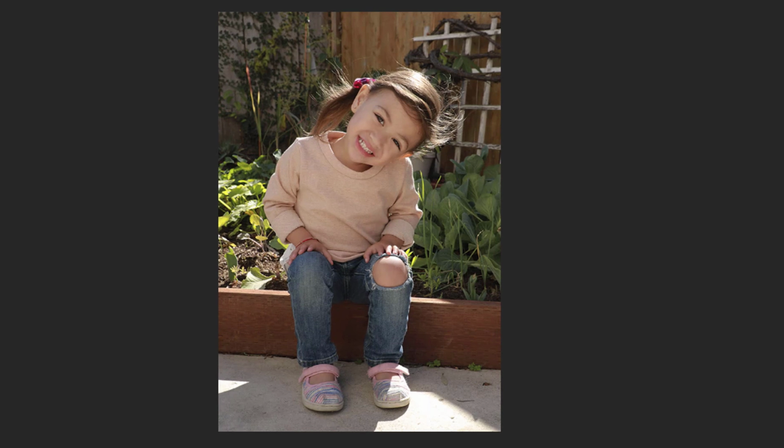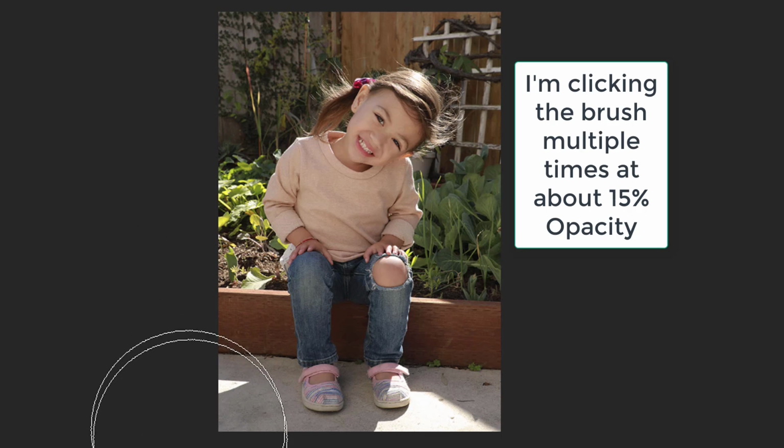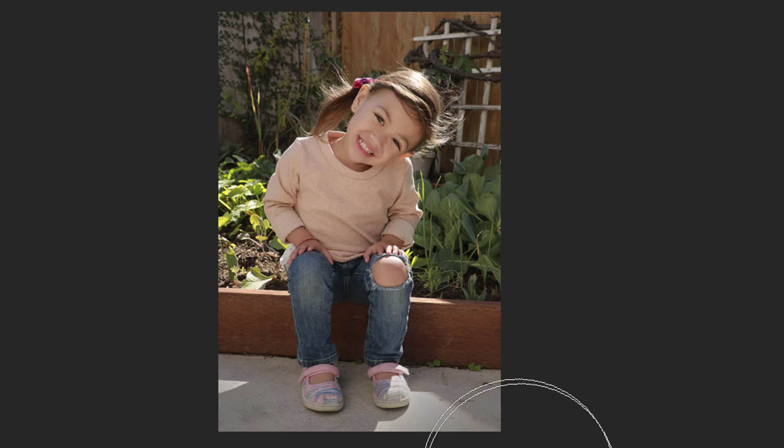And I don't want to be full strength here. I want to see some of that. So I'm going to knock this down to maybe 15, 16%. Now I can knock that right down. And there we have it. We still have our shot with this delightful little girl, but those highlights are no longer as problematic as they were before. Nice job. Let's go on.